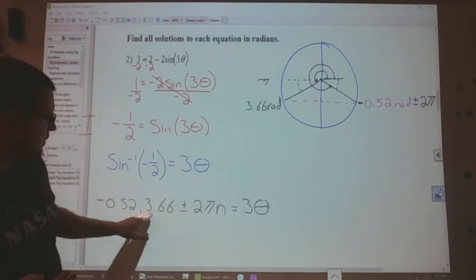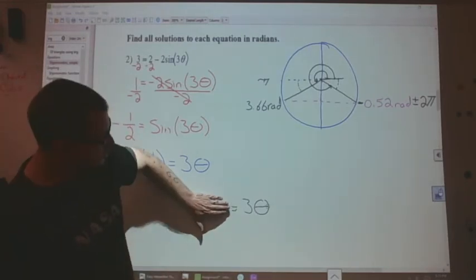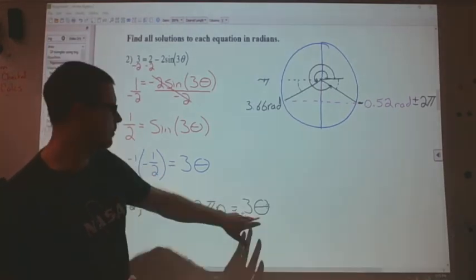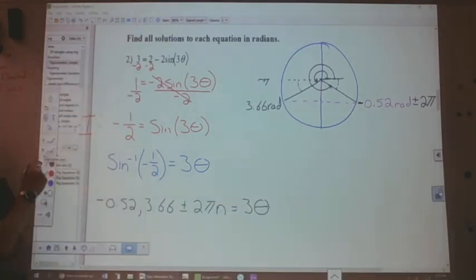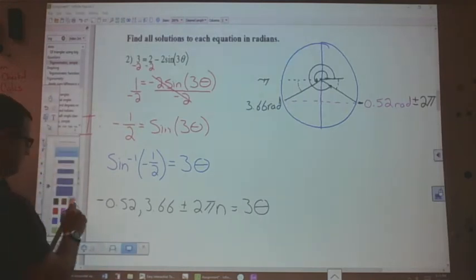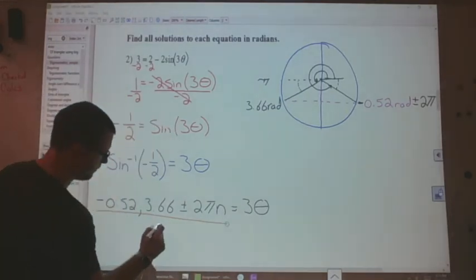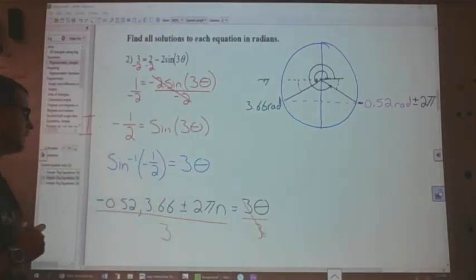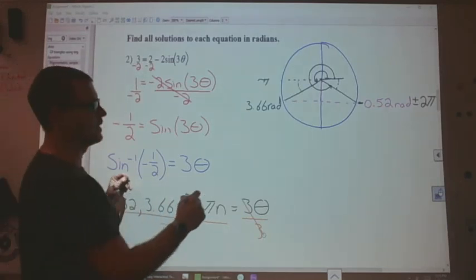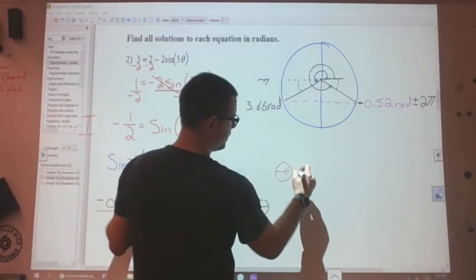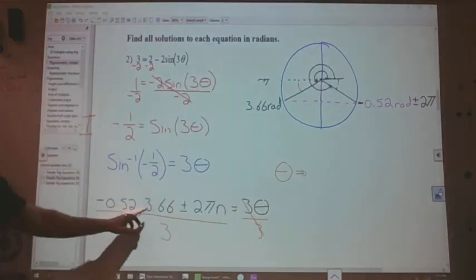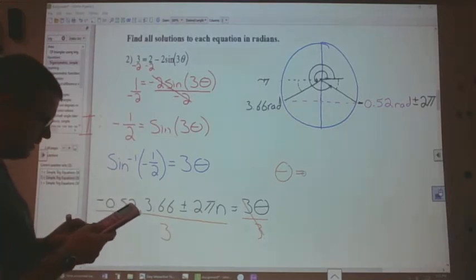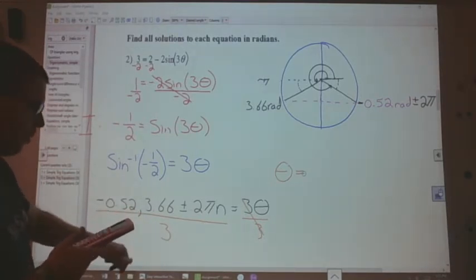And I can see again, even though this side looks very complex, in order to solve for theta, all I really need to do is divide by 3. So I'm going to divide both sides by 3, but that just cancels that, so it doesn't tell me theta. And so that's what I get over here. Theta is equal to, take my angles there, so negative 0.52 divided by 3 is negative 0.17.